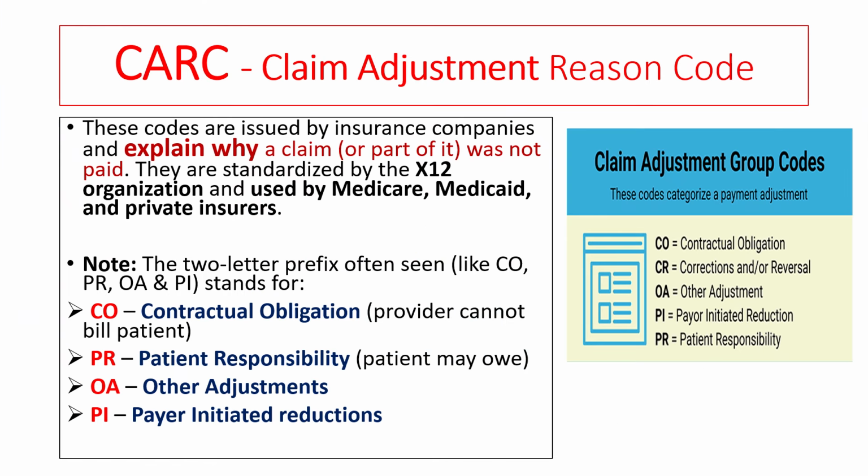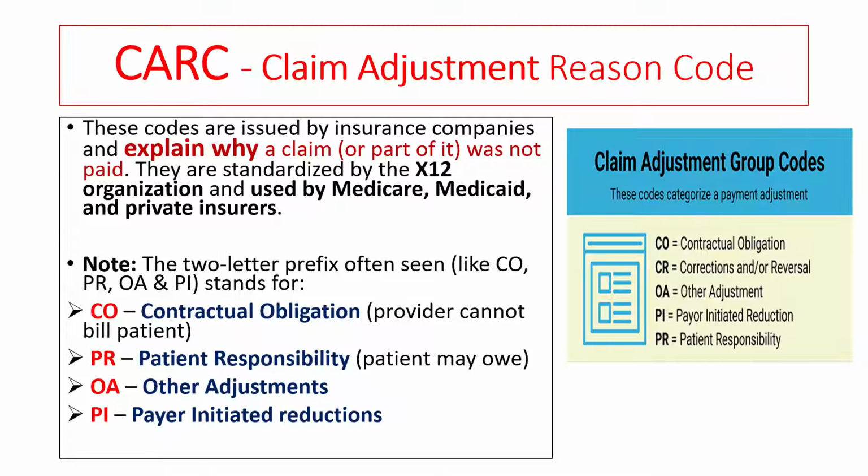Now we are discussing CARC codes, nothing but denial codes, claim adjustment reason codes. These codes are issued by the payer or insurance companies and explain why a claim was not paid to the doctor.